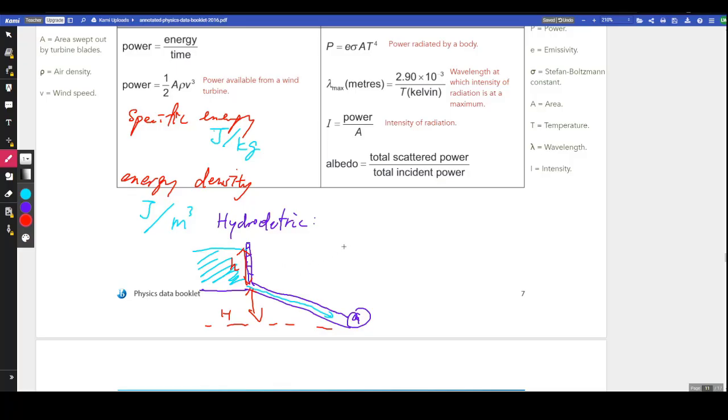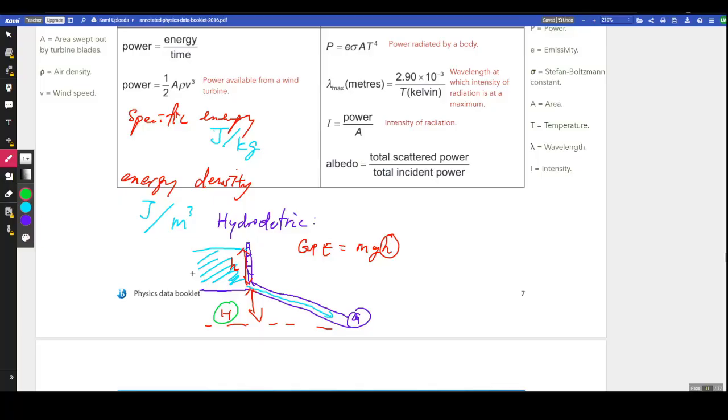We all know this is GPE, and the expression in general is mgh, but the h here you need to be very careful with, because other than just the big H, which is how much it dropped in height, you also have to think about the height of the water as well, unless the question simplifies it.